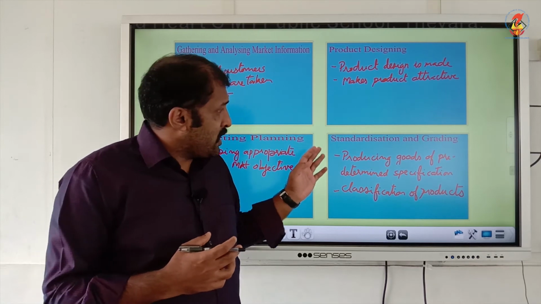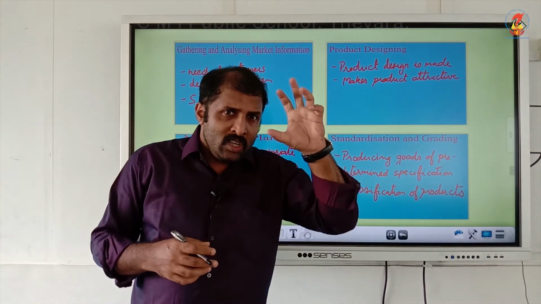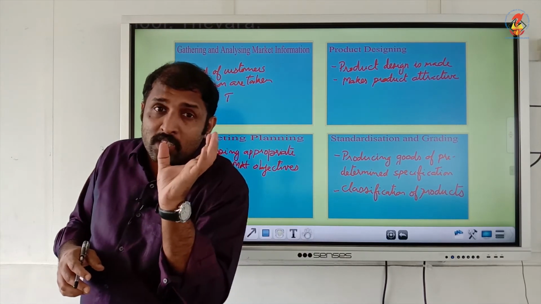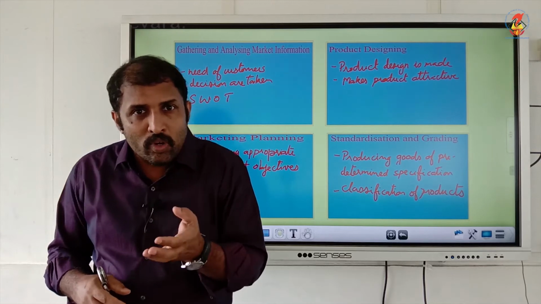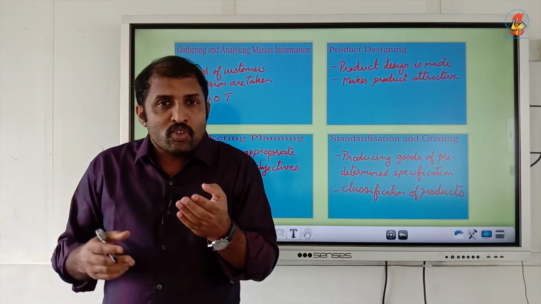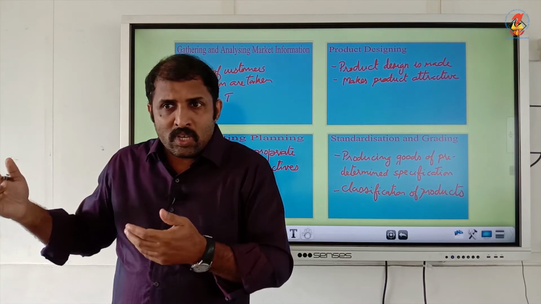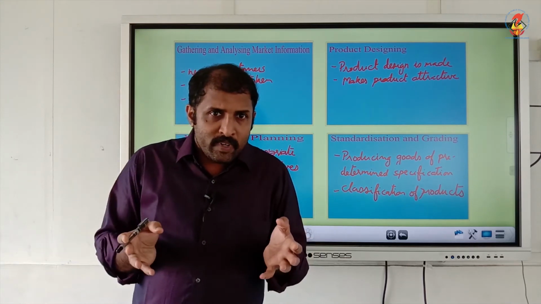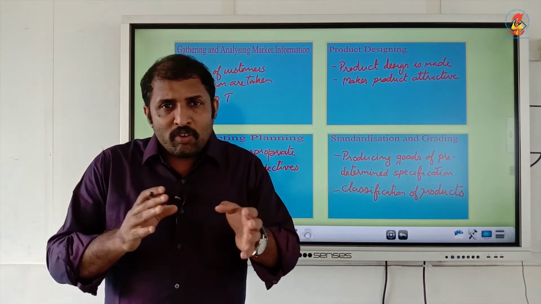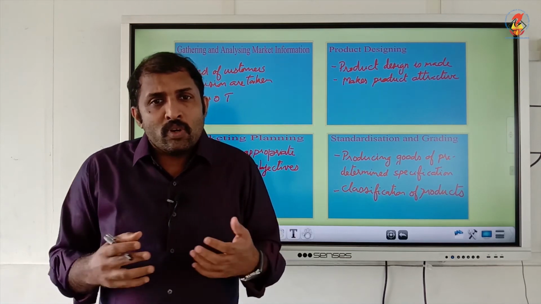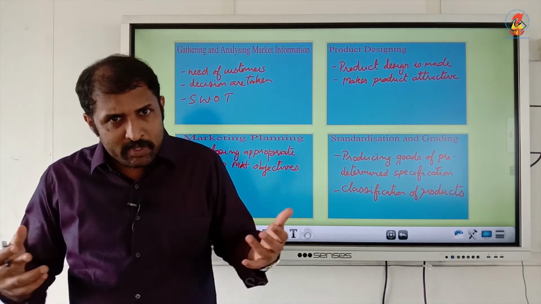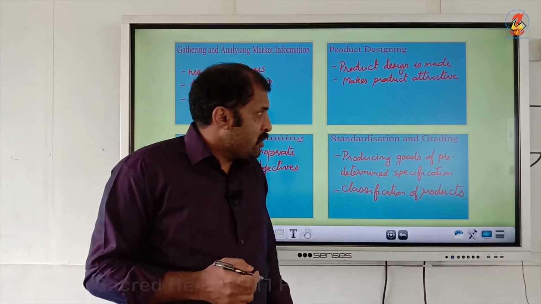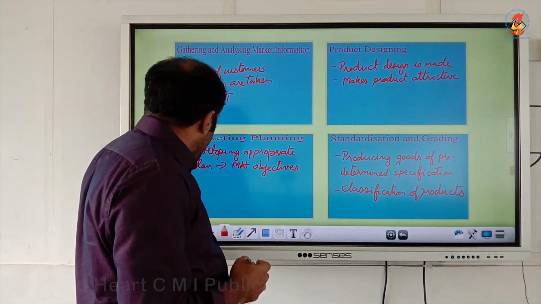So standardization is producing a product of a predetermined specification, ensuring uniformity, so consumers have an idea that it has a particular level of standard. That is the benefit of standardization. Grading is classification of products into different groups on different bases, such as shape, size, color, quality. That is also another function of marketing.